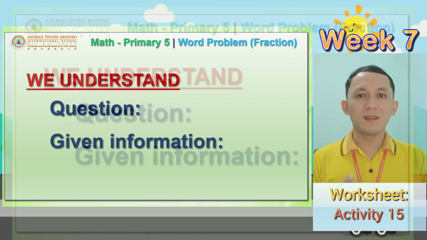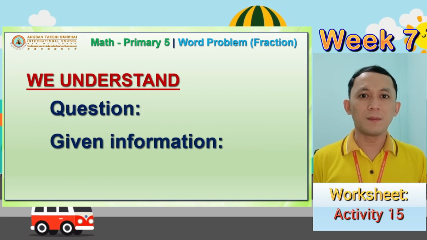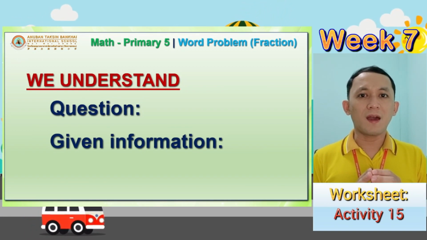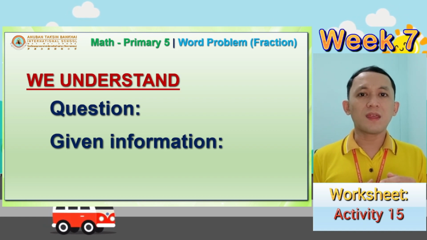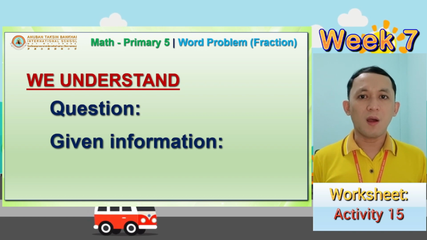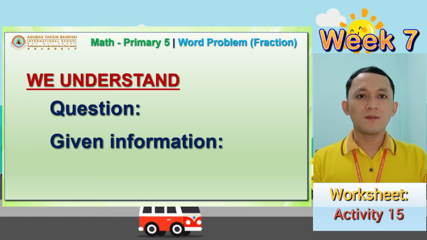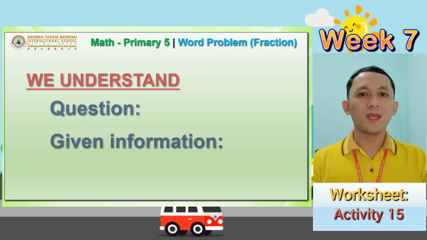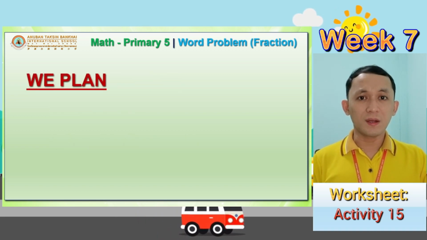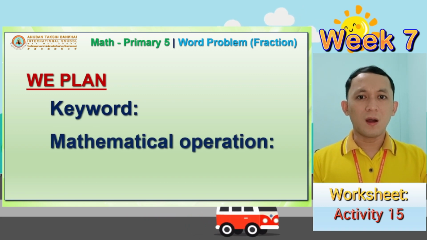Basically here we're just going to identify the things that we know so far in a specific problem. In a problem, we have the question and the information that would help us answer it. Next, the second stage is we plan. Here we have the keyword and the mathematical operation.